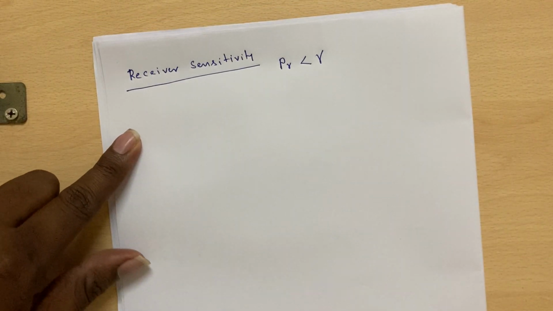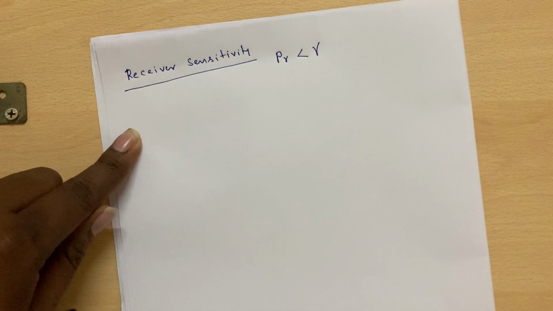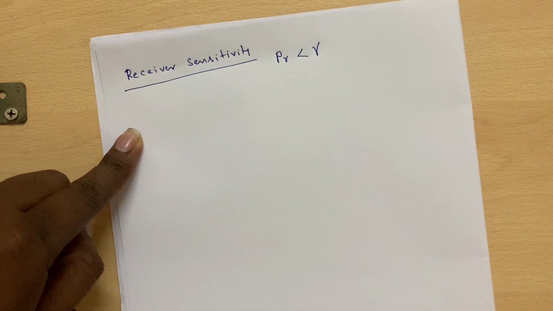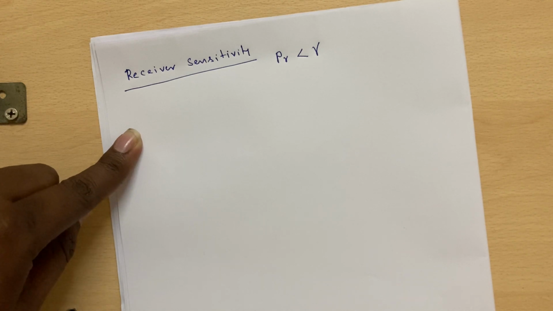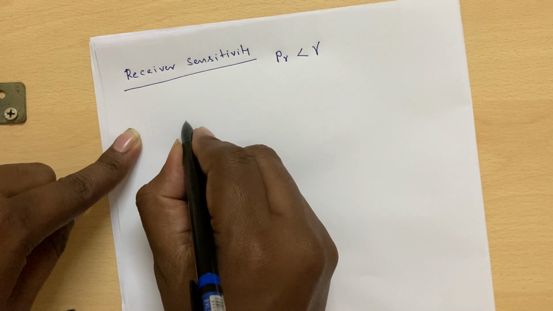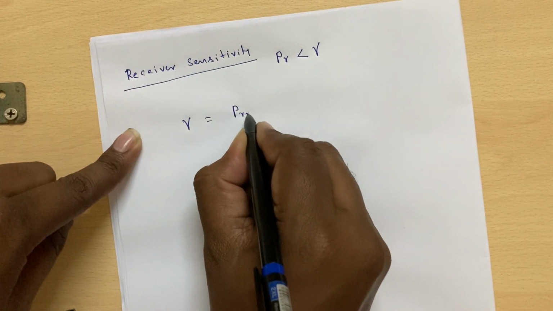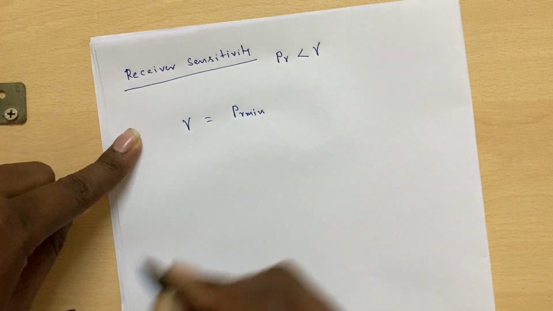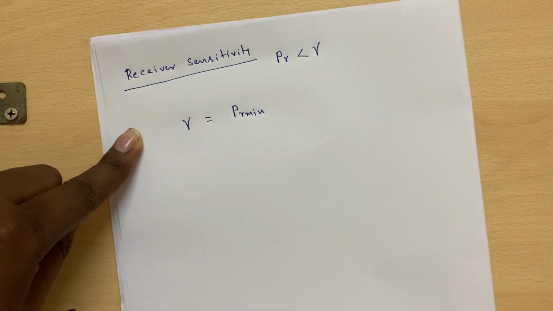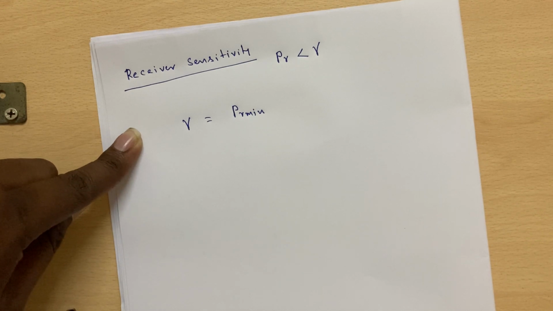How you calculate receiver sensitivity for different communication systems, we are now going to discuss. So gamma is a threshold, the minimum power. As long as the received power is above or equal to this level, it will maintain the link with the transmitter.